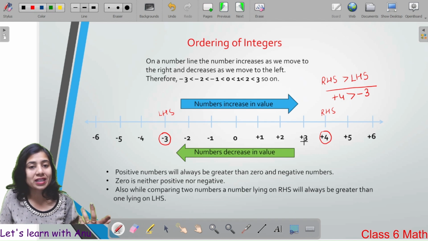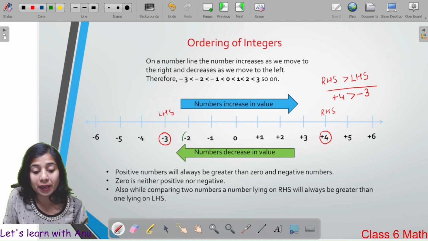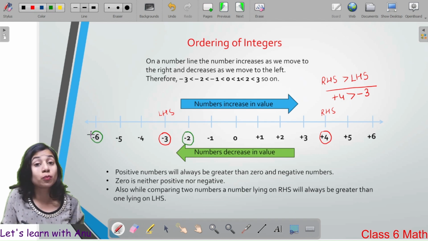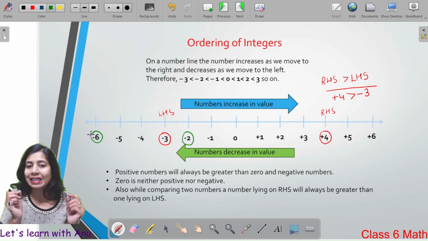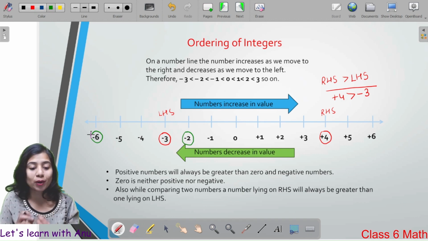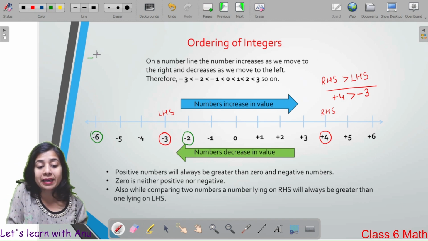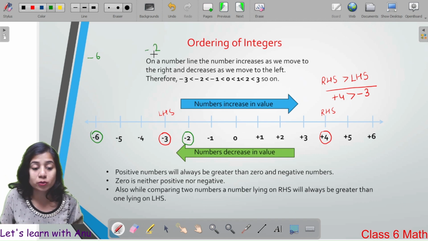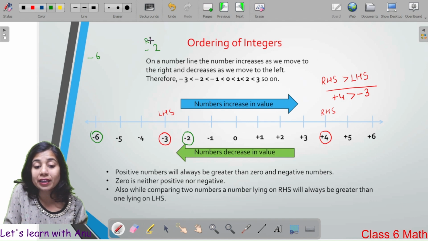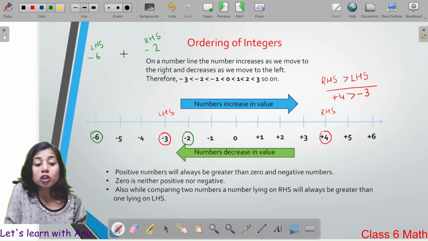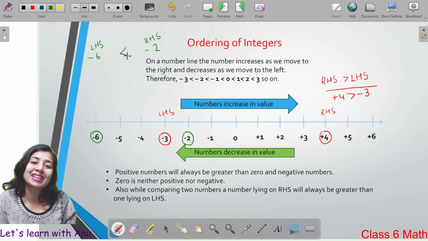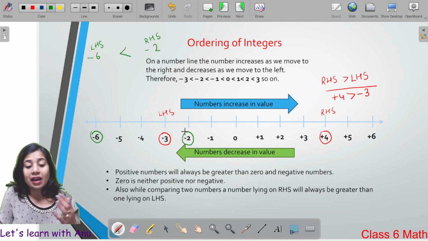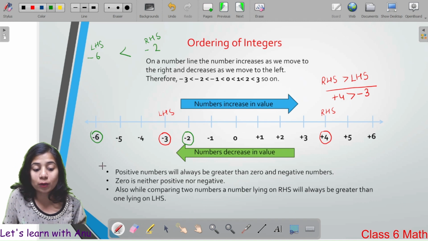Let's take one more example. Like if I have to compare -2 and -6, both of these are negative numbers. A little confusing, right? But I'll help you out again. If we compare -6 and -2, just to visualize it, or you can draw a number line on paper as well, -2 is lying on the right-hand side as compared to -6. So -2 will be greater than -6. And some of the points I have noted down here as well.